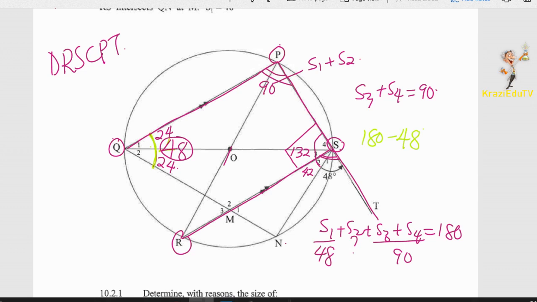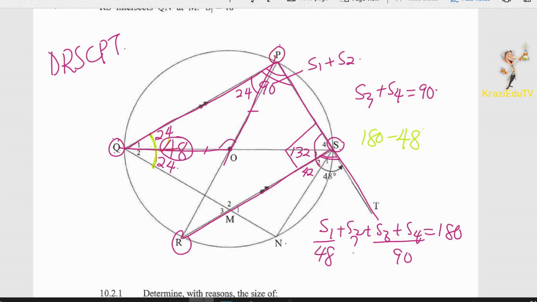This is actually very beautiful here. Now, look at my QO, it's a radius. My QP, another radius. That tells us this is equal to that. So if this angle is 24, that makes this angle 24. Angles opposite equal sides.